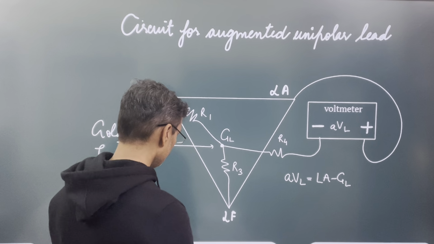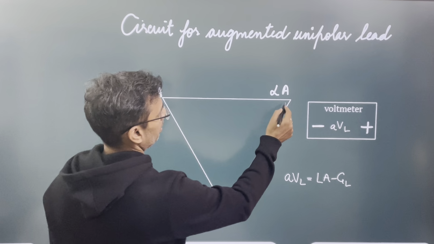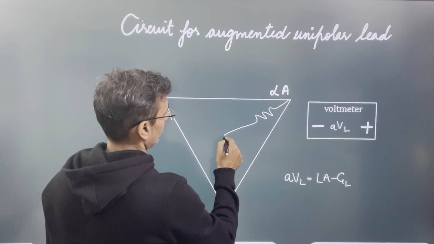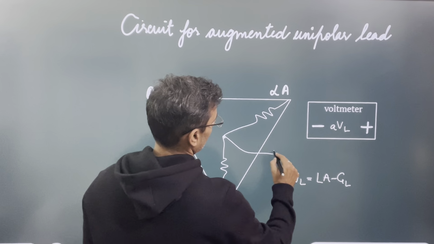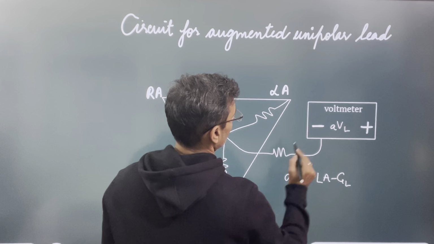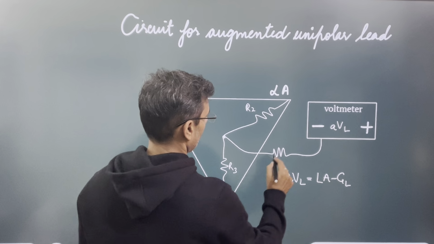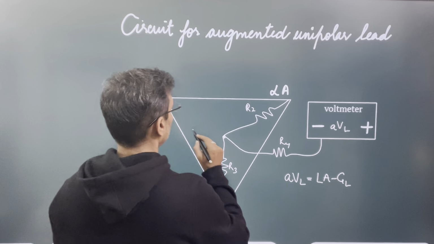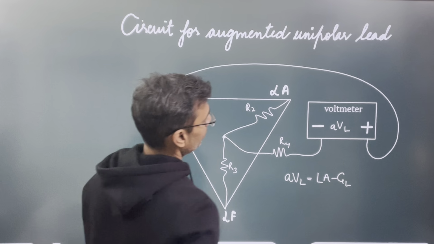Similarly, we can do it for AVR. For AVR, we will take one resistance from LA, one resistance from LF, and one resistance to the negative terminal of the voltmeter. Let's say they are R2, R3, and R4. And we connect one wire from RA to the positive terminal of the voltmeter.